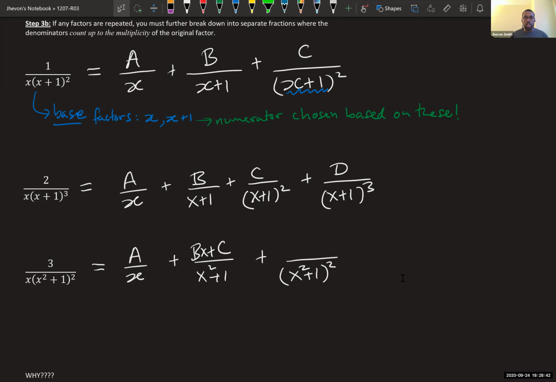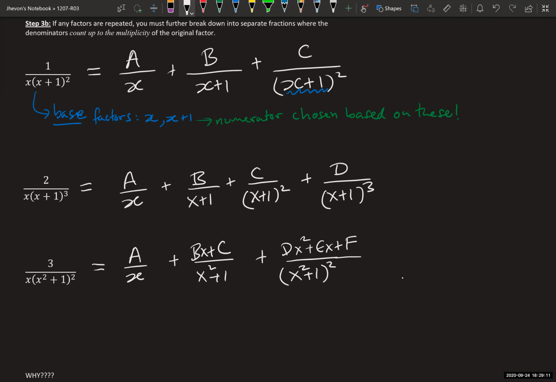So what would the third one look like? Would it be dx squared plus ex plus f? Okay, explain. Like for this last one, what is the base factor?